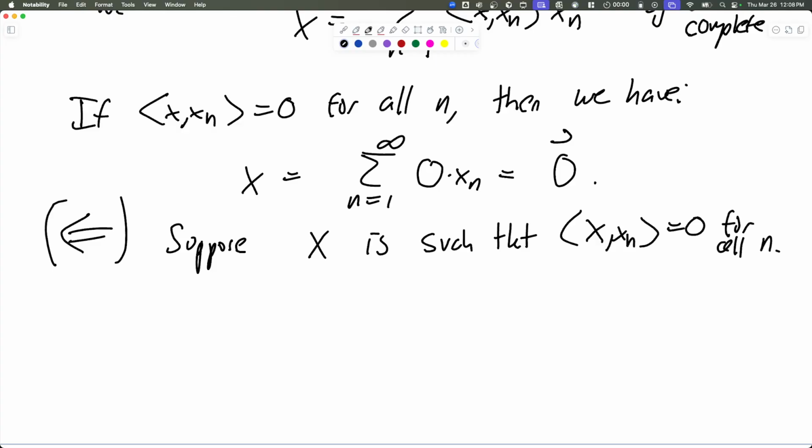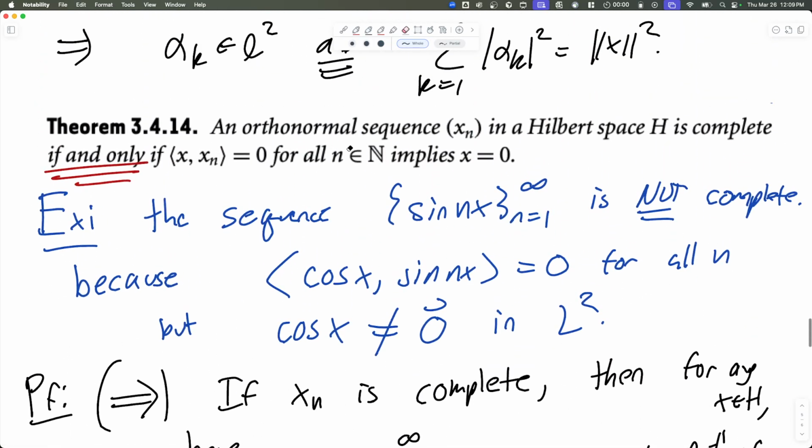We just did that one. Now I've bamboozled myself. We did this direction: if it's complete, then this property. And now we're doing the other property. We're saying if the inner product is 0, that implies x equals 0.